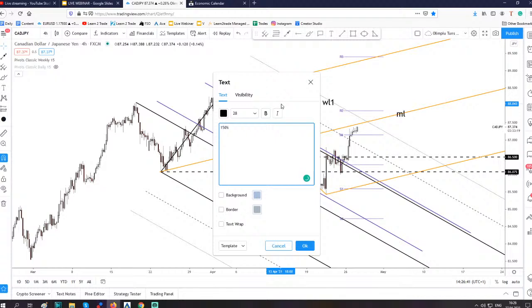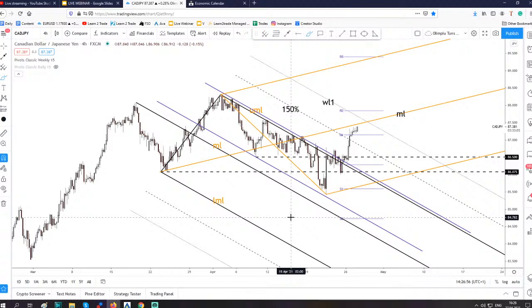So the warning line and the medium line represent immediate resistance levels, and I believe that only a valid breakout above these resistance levels could signal further growth. Also, this scenario, further growth, will take shape if the Japanese stock index, the Nikkei, will continue to increase after the minor retreat, the minor decrease.